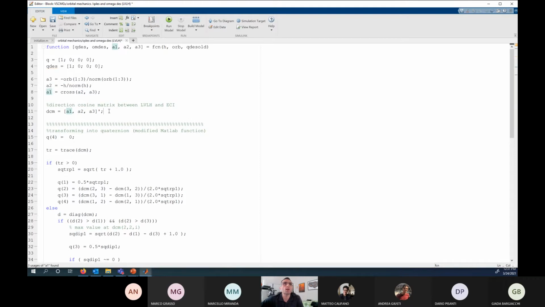Now, the direction cosine matrix that goes from this LVLH basis that I've just defined to ECI, well, we talked about DCM at the beginning. You take those vectors and you put them into a matrix. In this case, it's transposed.